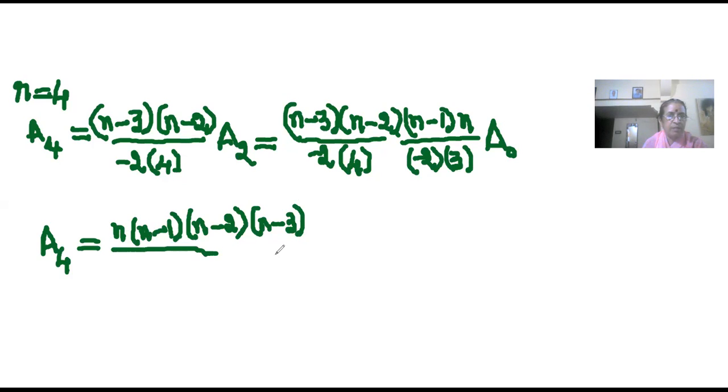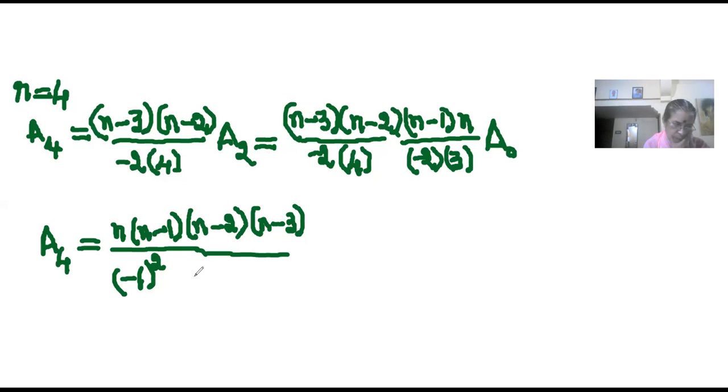Starting with N, it goes 4 times, so minus 1 whole square. I can write this as minus 1 whole square into 4, which can be written as 2 square. Okay, so 2 square.